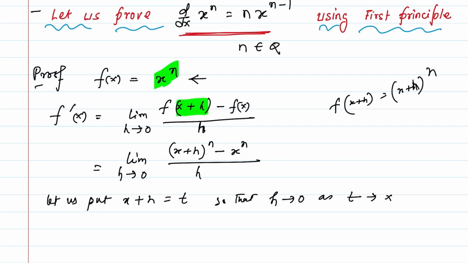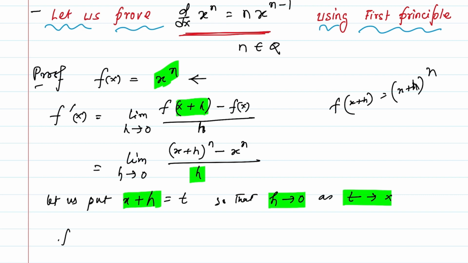When h is equal to 0, t will be equal to x. That is why we can say that h tends to 0 as t tends to x.